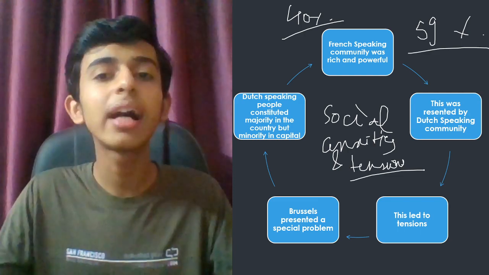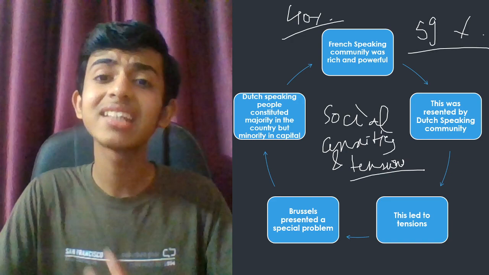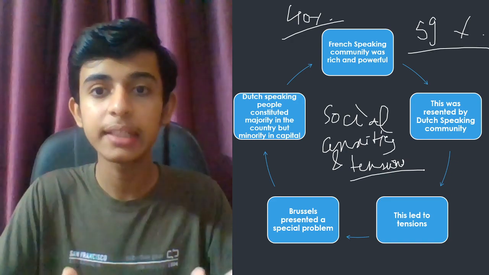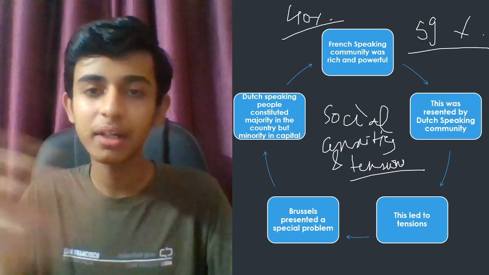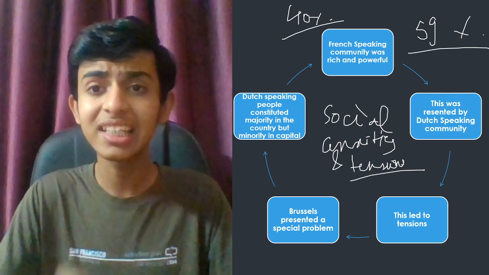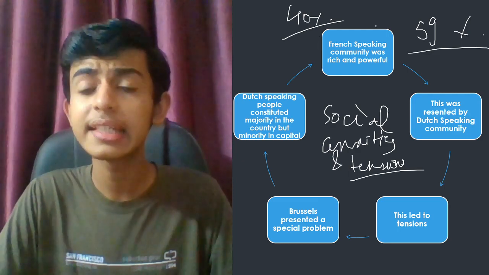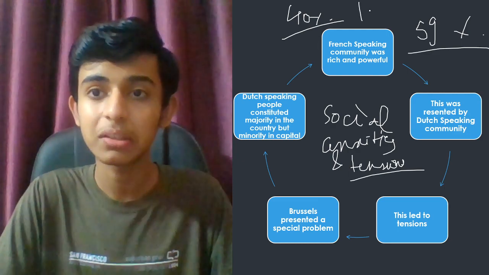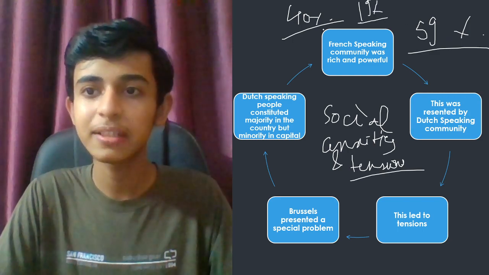Then in the whole country they could have managed, but Brussels presented a special problem because in Brussels everything was opposite. The French people were in majority, the Dutch people were in minority, and this time the difference is not just 19%, sorry, 19% being 59 minus 40.